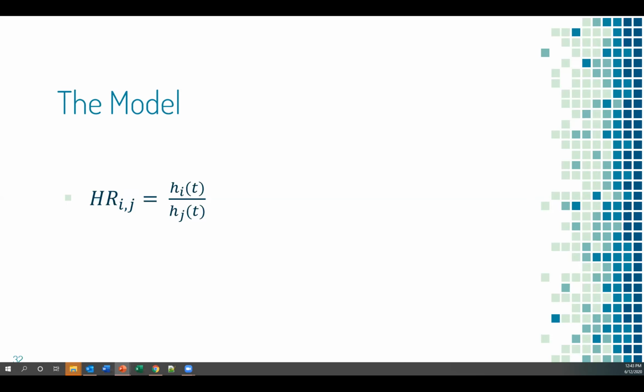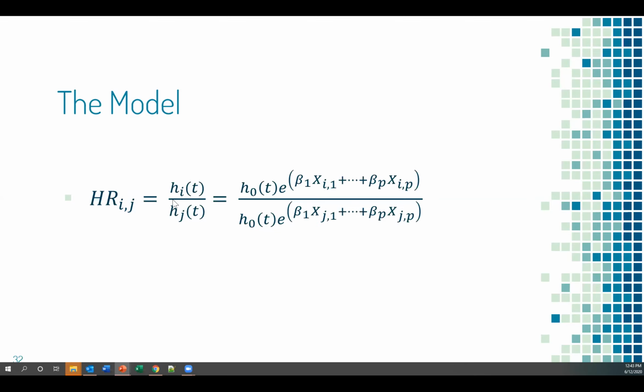Okay, and so here we have HR, which just stands for the hazard rate, and then these are your different groups. So we're comparing them. This is the hazard function for group i, and for group j.